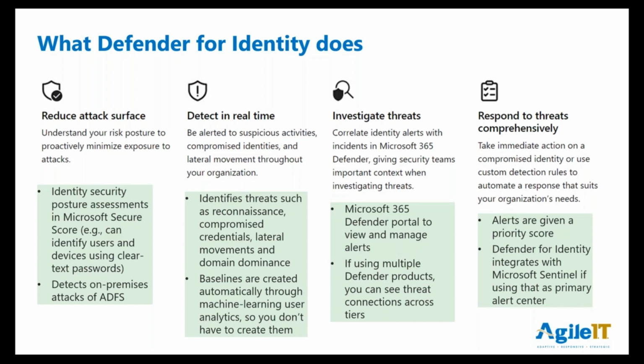When you're getting these detections, what Defender for Identity is really looking for is that reconnaissance, compromised credentials, lateral movements, and domain dominance, and you're going to get notifications around that. Those actions are considered part of the kill chain of threat actors, and that's how it is visualized in the Microsoft 365 Defender portal.